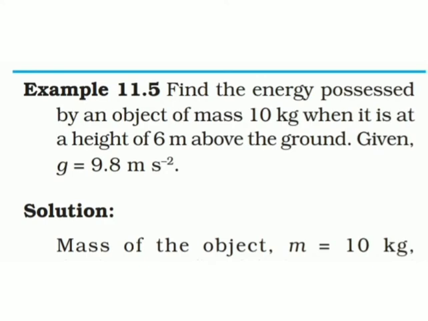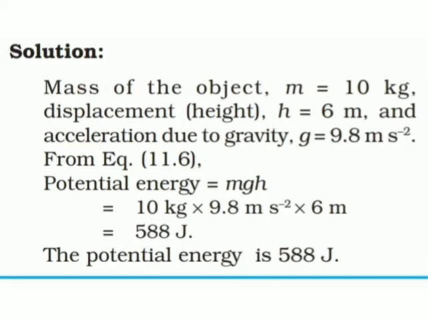Numerical application. Example 11.5. Find the energy possessed by an object of mass 10 kg when it is at a height of 6 meter above the ground, given g equal to 9.8 meter per second square. Solution. Mass of the object m equals 10 kg.